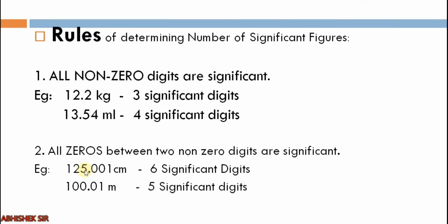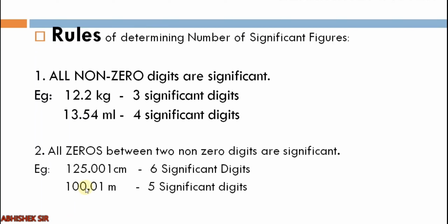Between 5 and 1 there are two zeros, and both zeros will be considered significant. So in total, 1 2 3 4 5 6, all are significant digits, 6 significant. In the next example, you see 100.01. At the start there is a non-zero 1, and at the end also there is a non-zero.